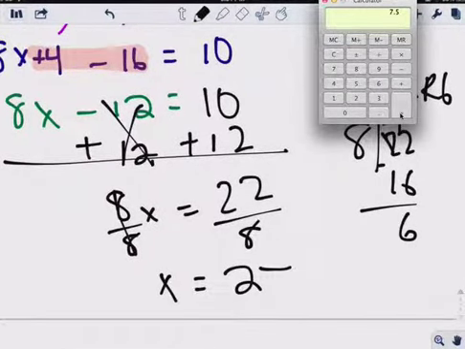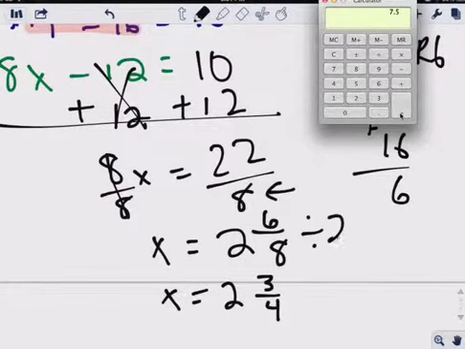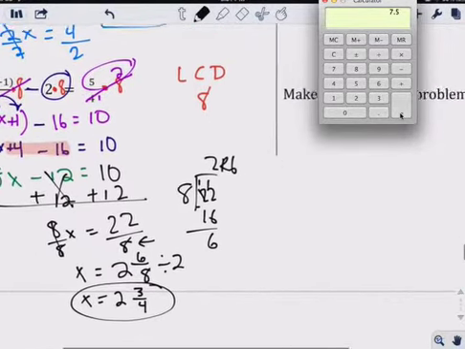So 2 remainder 6 over this denominator 8. That gives you x equals 2 and 3 over 4, reduced by dividing by 2. You get 3 over 4. Okay?